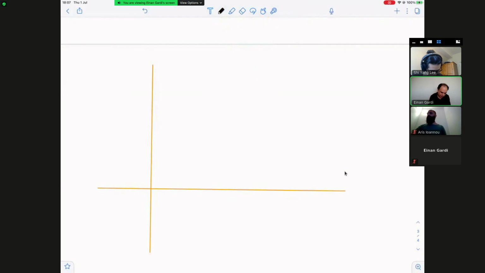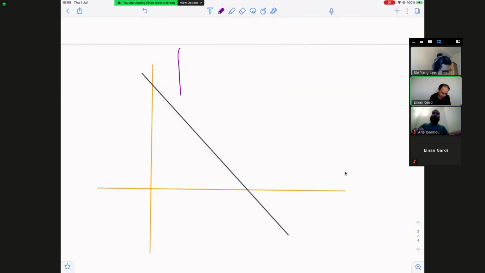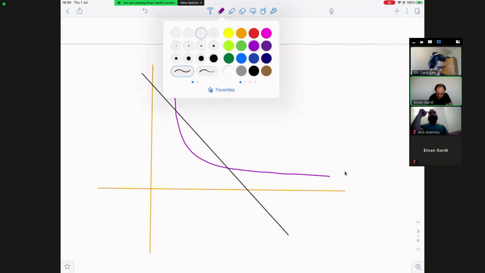So this is my L curve, and that purple one. I didn't succeed in drawing the Q curve, but somehow I need to make it. Yes. So that's my Q curve, and that's my L curve, right?